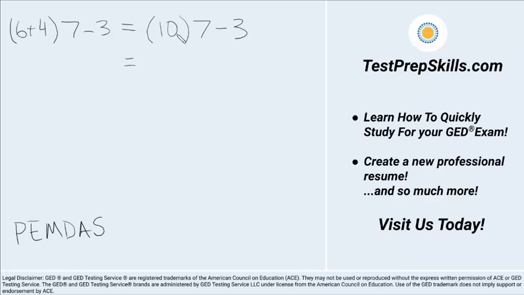Now, the next thing I'm going to do is I do want to get rid of these parentheses. The reason I wrote it like this was to remind myself I couldn't just drop the parentheses, because look, I have another number right beside it. So what these parentheses are actually telling me is this value, 10, needs to be multiplied by 7. So I'm going to drop my parentheses, but I'm going to write what it means.